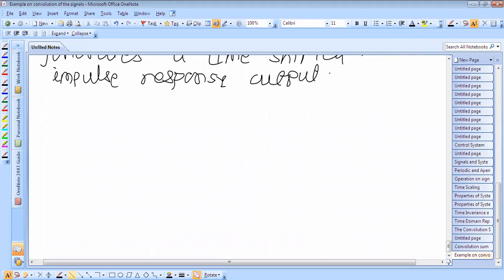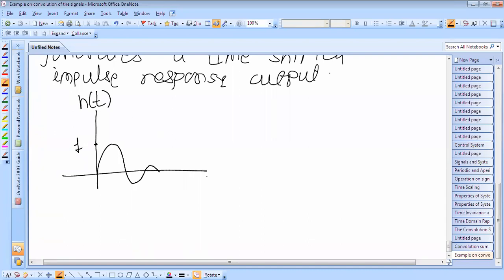Let us consider, suppose the impulse response of the linear time invariant system H is given like this. This is the impulse response h of t. Now the output of the linear time invariant system to the time shifted and amplitude scaled input is like this.